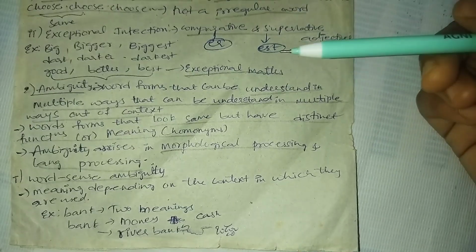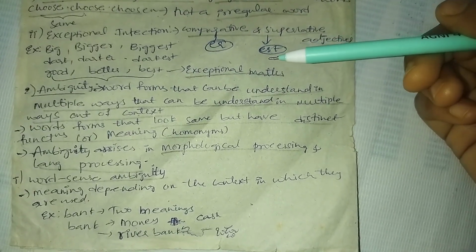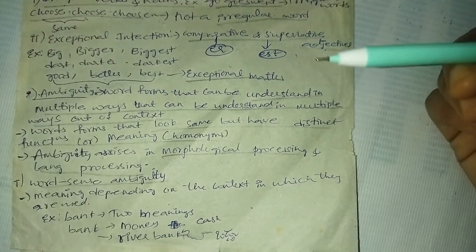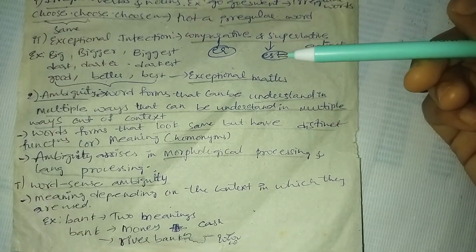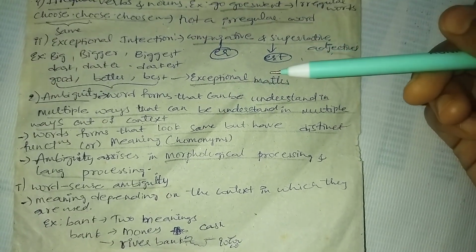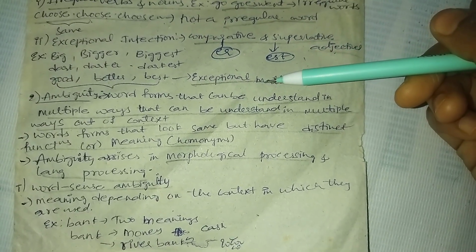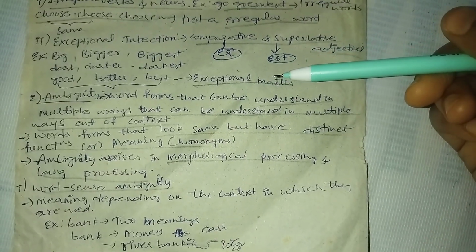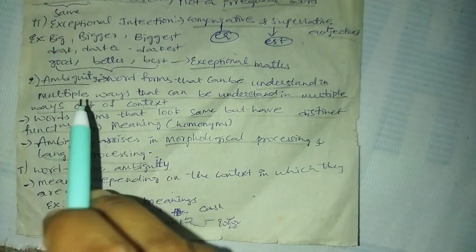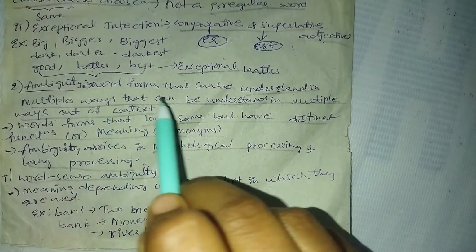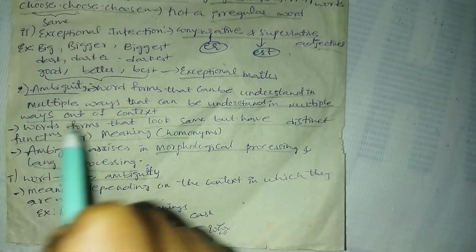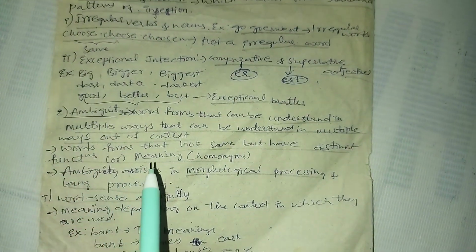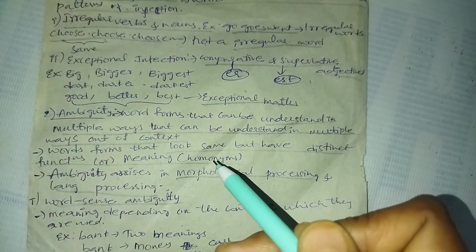It is a multiple-way understanding concept, with different word forms and different meanings in different situations, known as ambiguity. It somewhat leads to confusion, since it can be understood in multiple ways depending on the context.